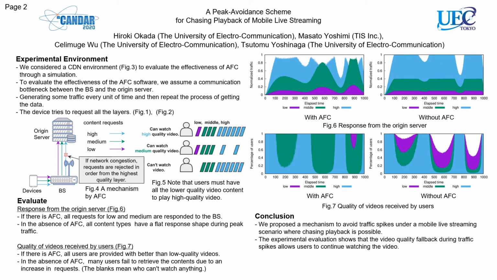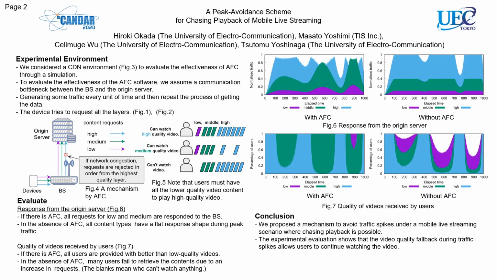We evaluate AFC experimentally. We assume the three-layered CDN environment as shown in Figure 3. The network between the base station and the origin server is the bottleneck for evaluation purposes. Every unit of time, a user issues a request and the sequence of events is repeated until the data is retrieved.